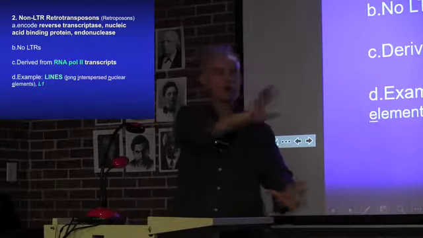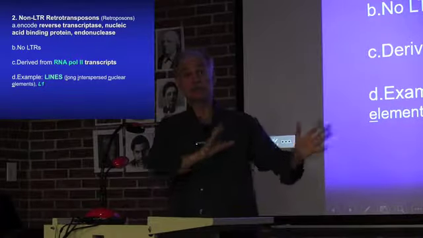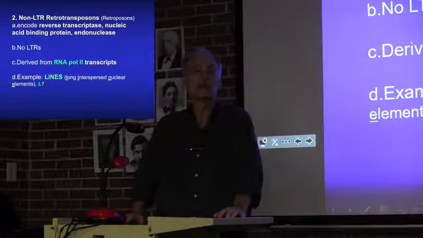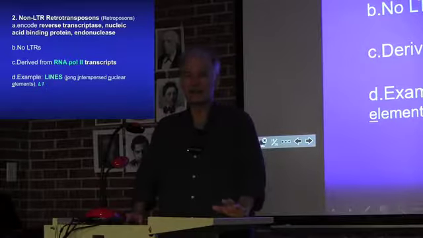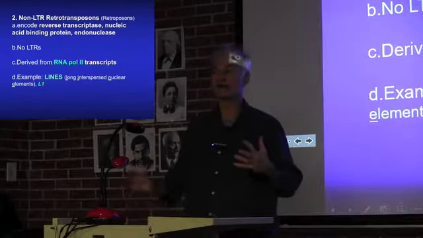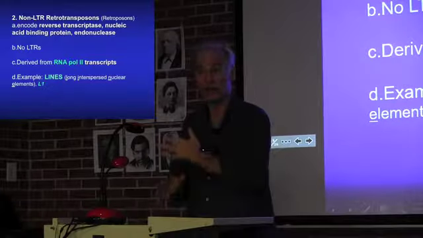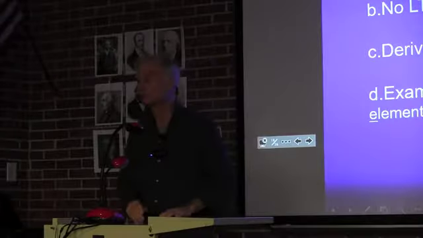That's when the human line, the apes, separated from the old world monkeys. They lost their tail 50 million years ago. That's the last time that the retroviruses were still active. Depends on what mammal you are, whether they are active or not. Some, like mice, still have a lot of active stuff going on.